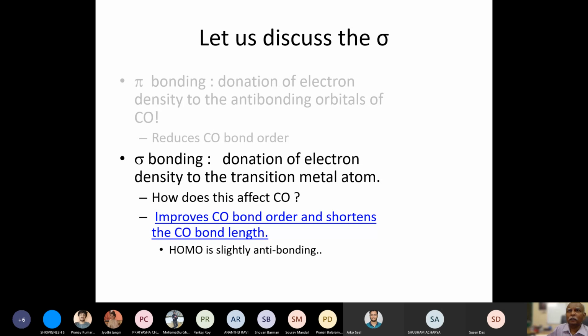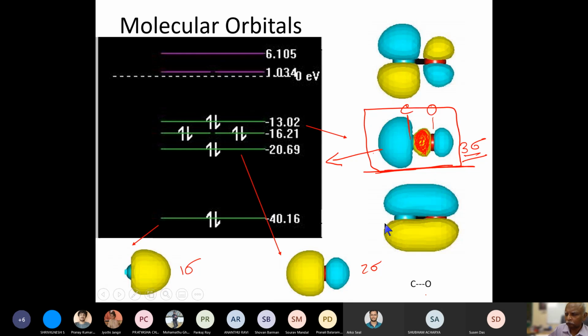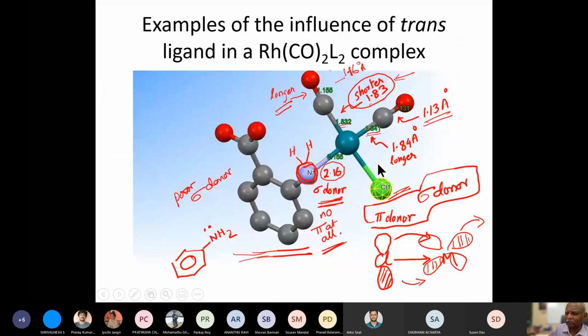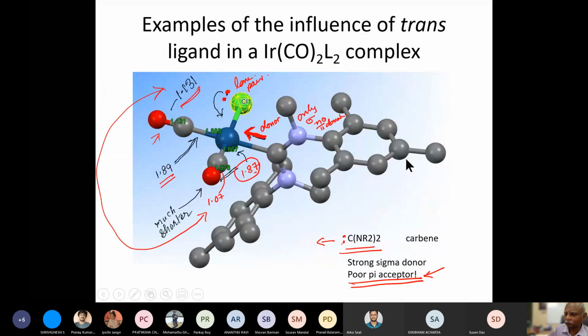So once again, the arguments in the case of these two systems, you're able to see the slide, the rhodium and the iridium. Here chlorine has an electron withdrawing effect, but it's a sigma donor, and at the same time it's also a pi donor.